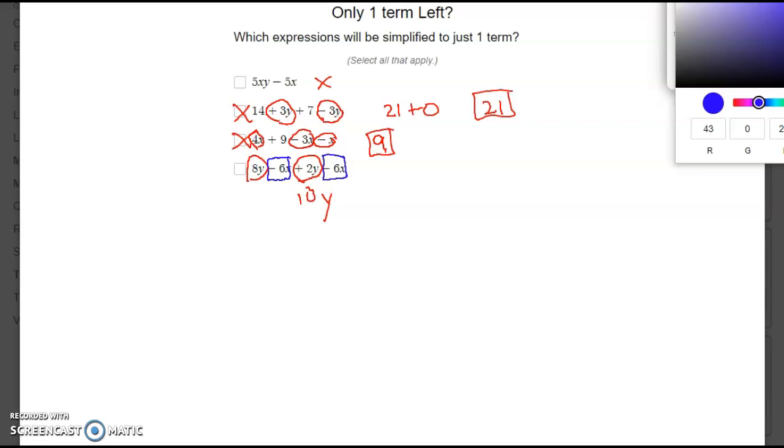Negative 6 minus 6 is negative 12. So I actually have 2 terms, so this one does not work. So these two are the only ones that would work with just one term.